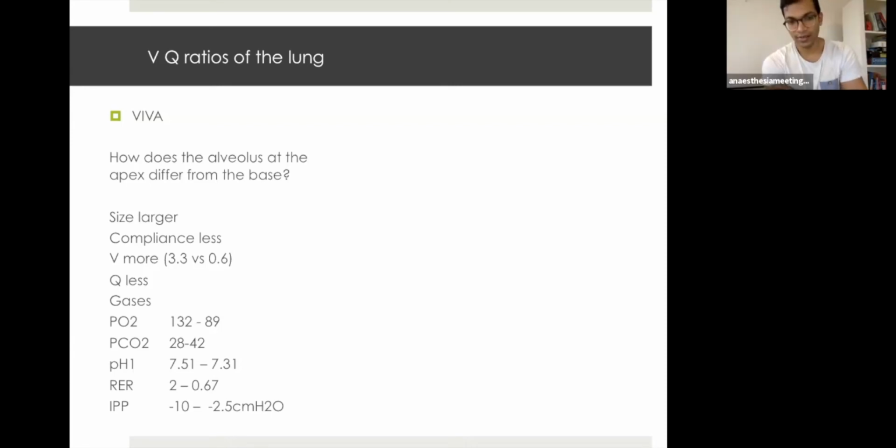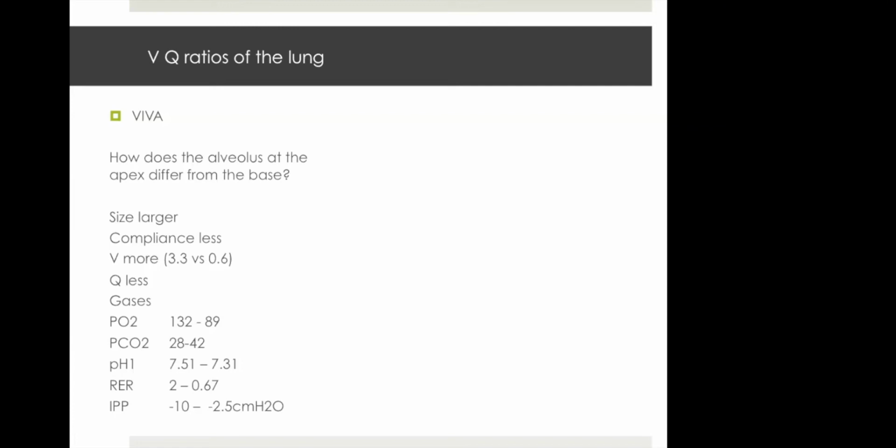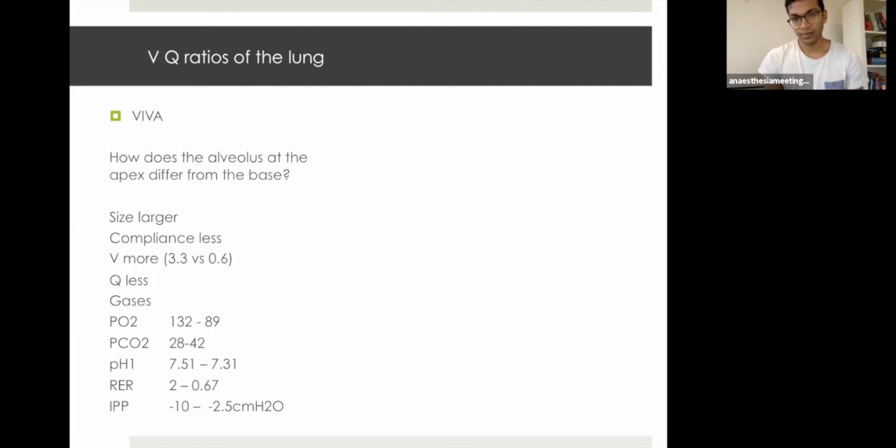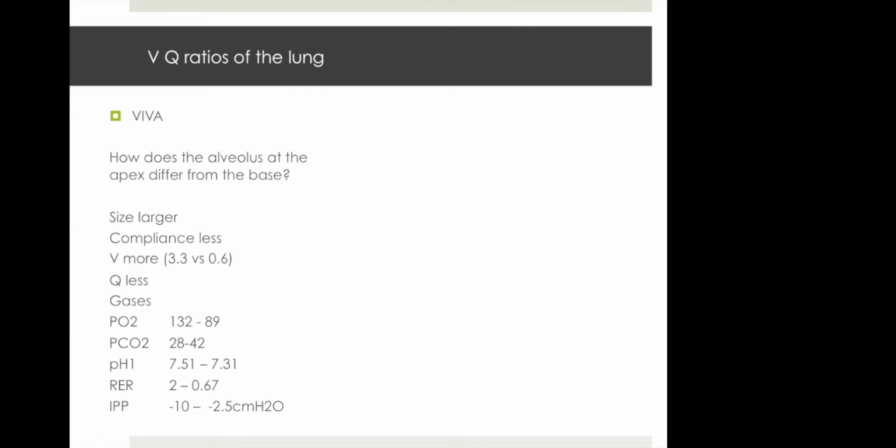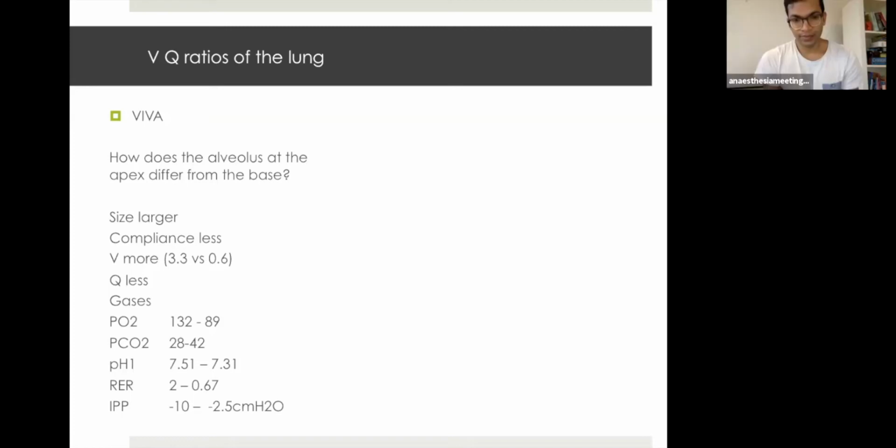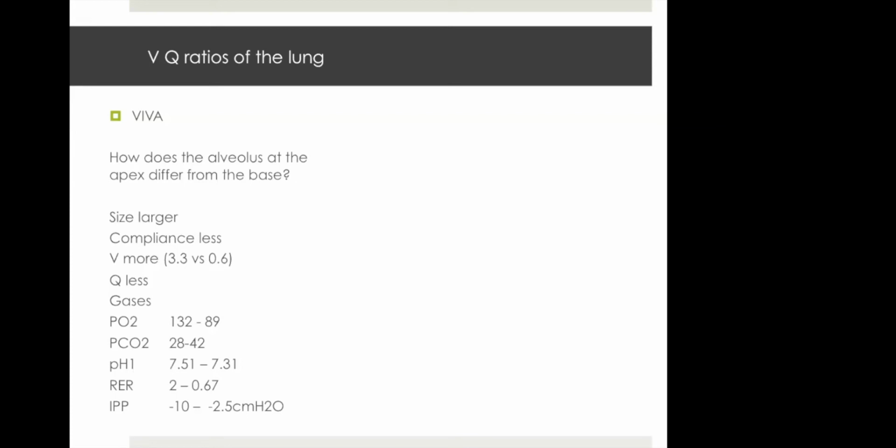I worked from first principles that the alveolar gas is made up of carbon dioxide, oxygen, and nitrogen, and also water vapor pressure, which is 47. Assuming 1 atmospheric pressure, that's 760. You take away 47, and that'll be 713. Then you just subtract the partial pressure for oxygen and carbon dioxide from the apex and then from the base, and you get the partial pressure of nitrogen.